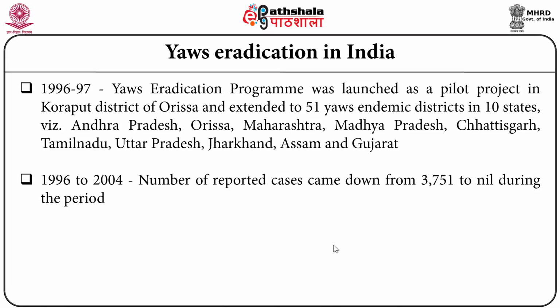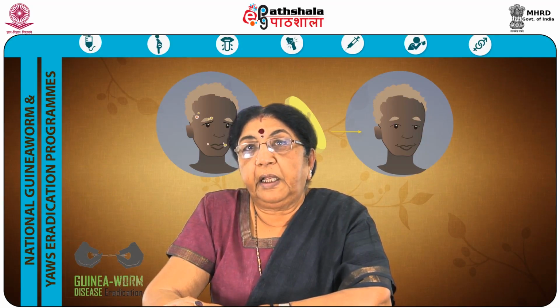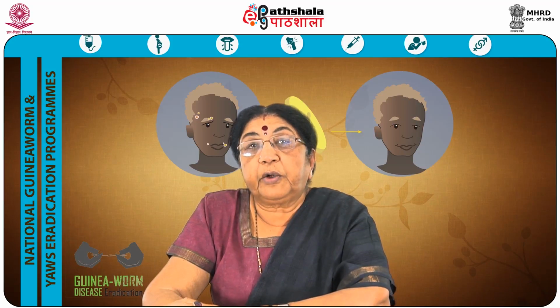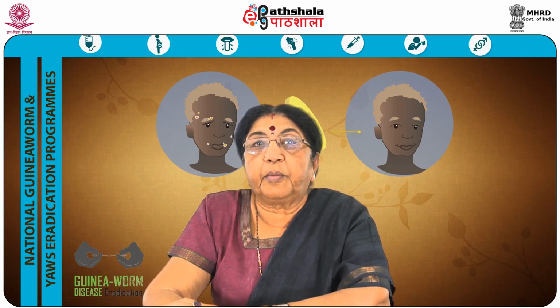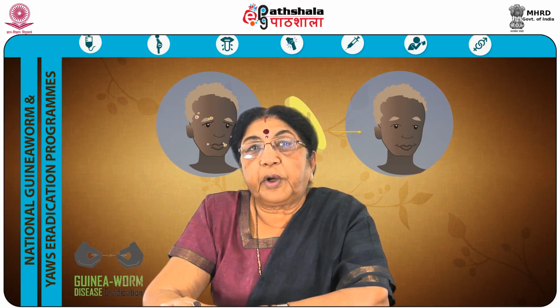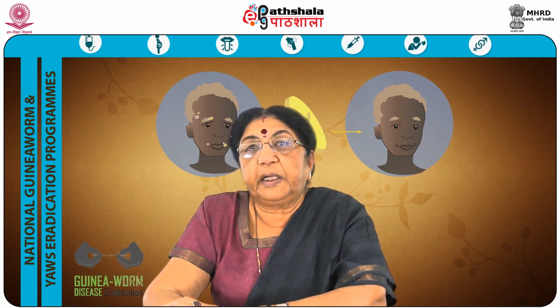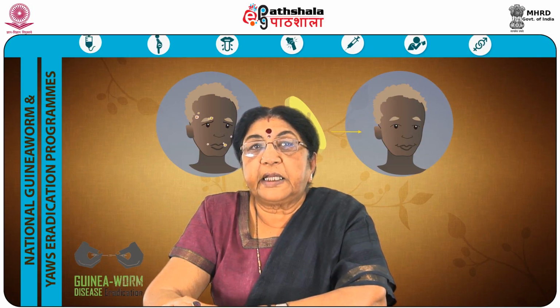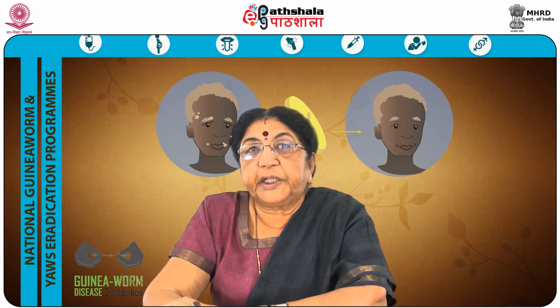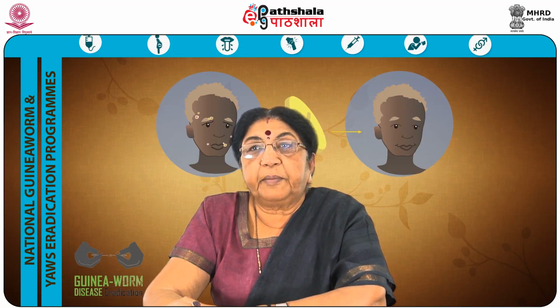After seeing the success of that previous program, we were heartened to know that yaws could be eradicated from our country also. This was launched as a pilot project in the Koraput district of Odisha, and it eventually extended to 51 endemic districts in 10 states, that is Andhra Pradesh, Odisha, Maharashtra, Madhya Pradesh, Chhattisgarh, Tamil Nadu, Uttar Pradesh, Jharkhand, Assam, and Gujarat.